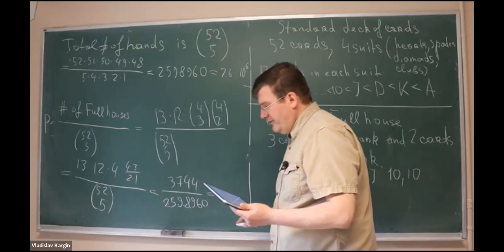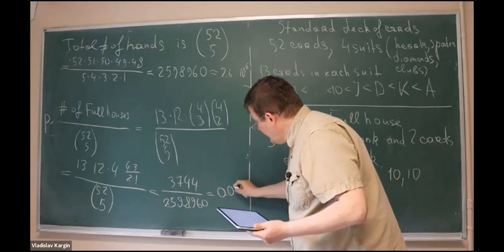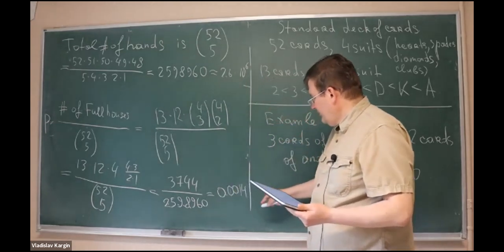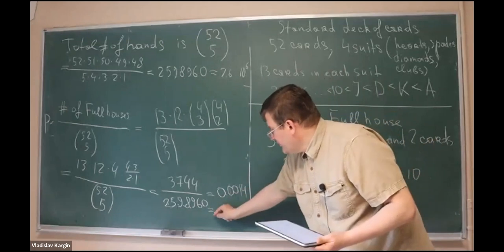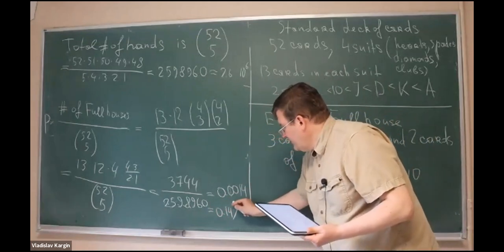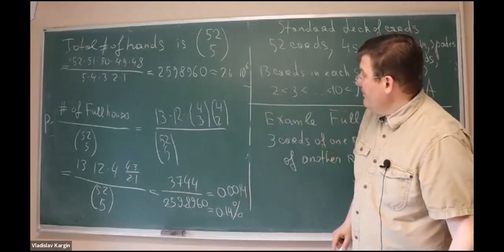And it turns out that this is equal to 0.00014. If you don't want to see so many zeros, you'll just write that this is 0.14%. So a pretty small probability.